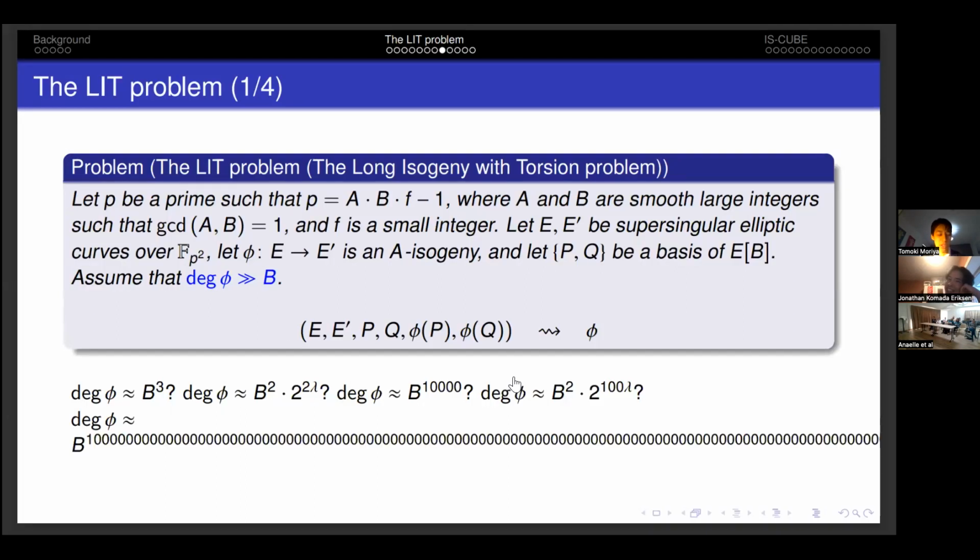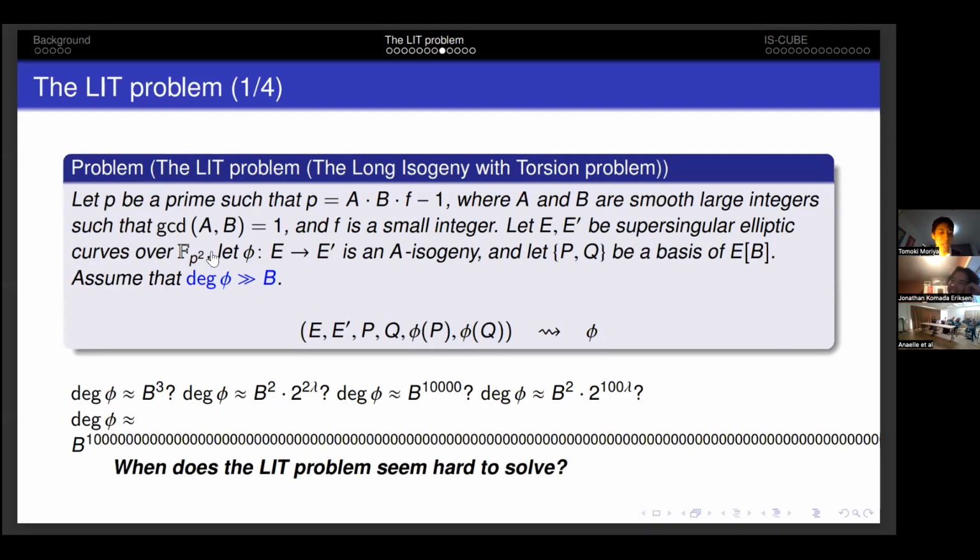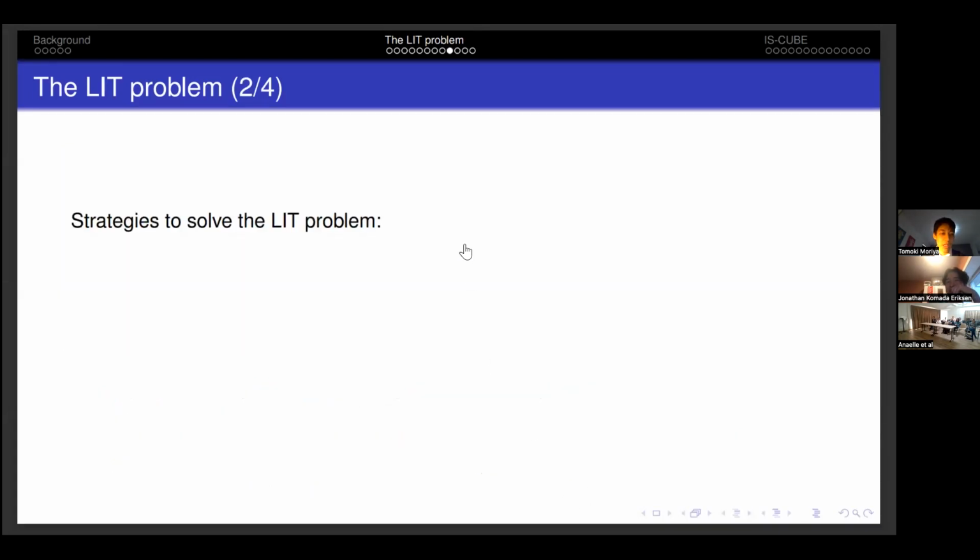So there are many possibilities for the relationship between the degree of phi and B. So the question is: when does the LIT problem seem hard to solve? Next I explain the analysis of the hardness of this problem. Then I provide two strategies to solve the LIT problem.